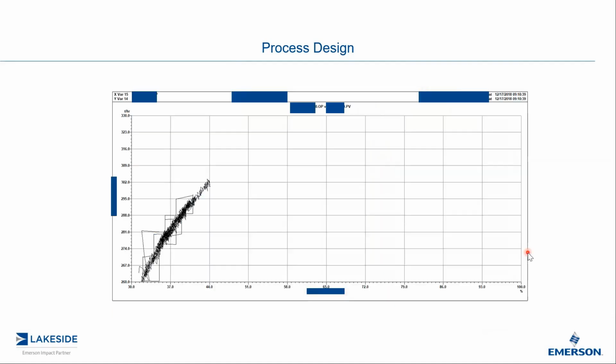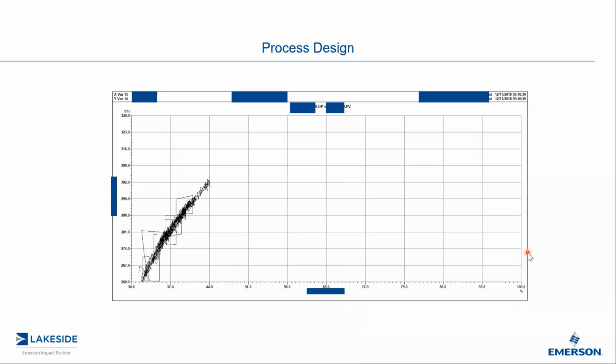So another example of process-related issues. This is actually a real live example. I was working on a very large boiler, and the boiler eventually was having some issues, so they asked me to look into it.